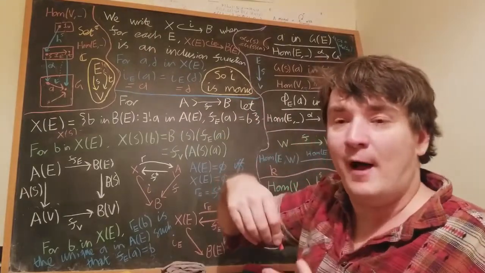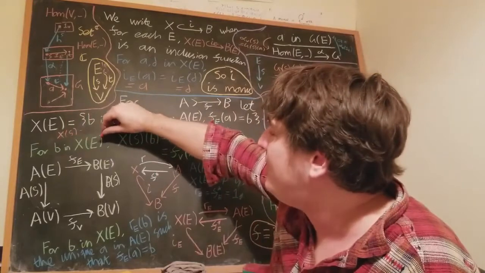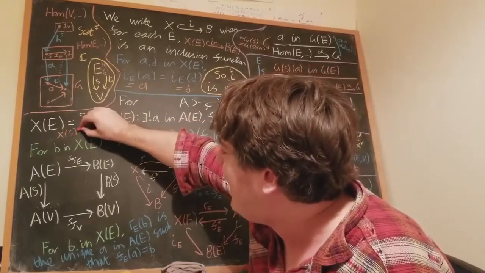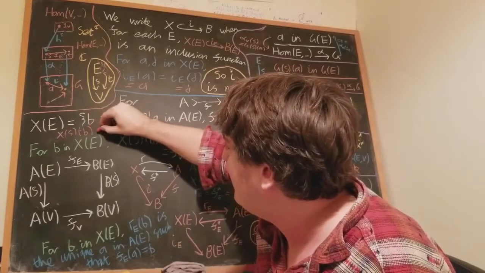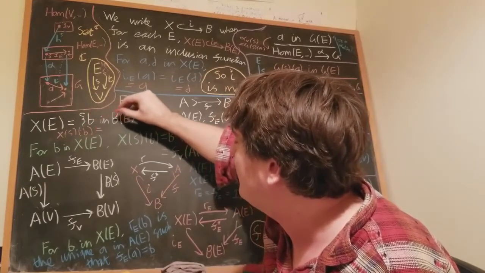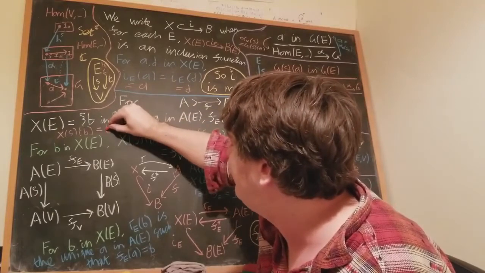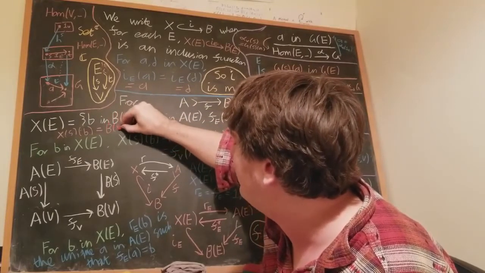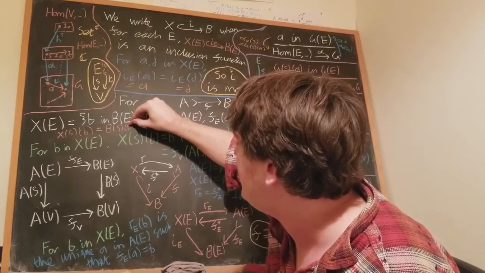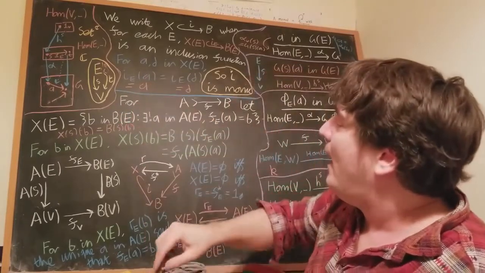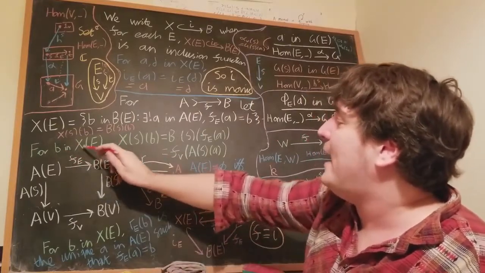Well, let's just define x of s such that for every little b in x of E, we have x of s of b is equal to b of s of b, little b. Okay, so this holds for any little b in x of E.